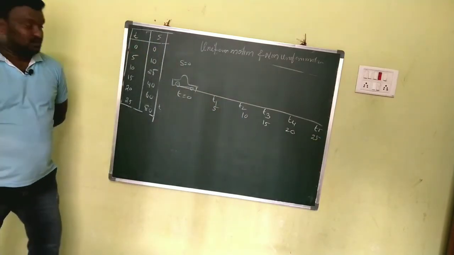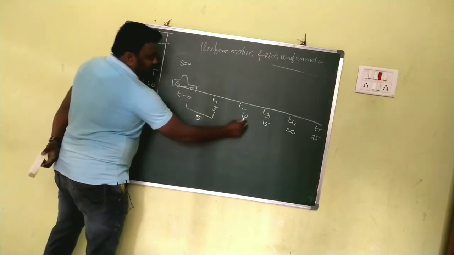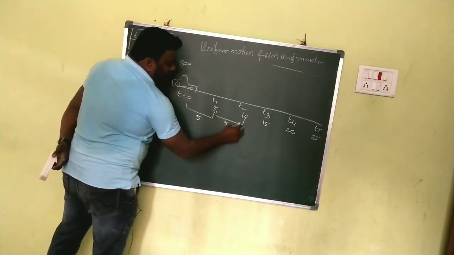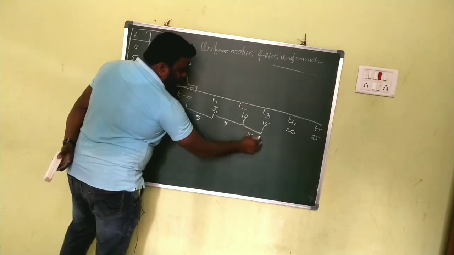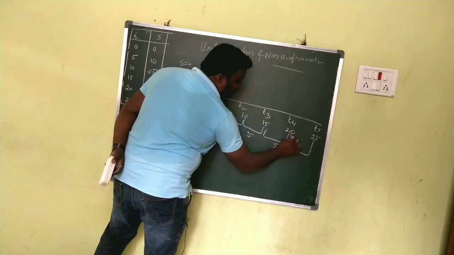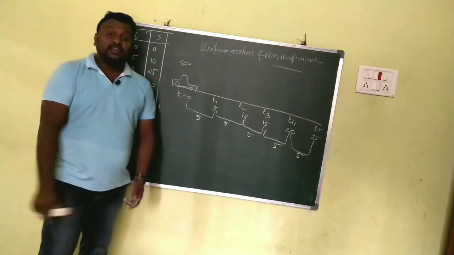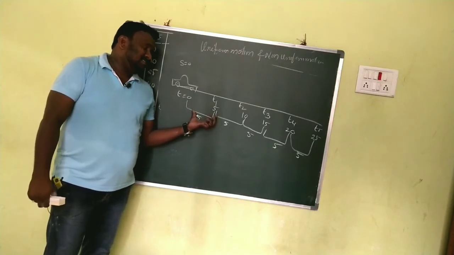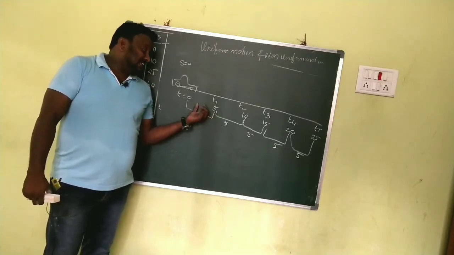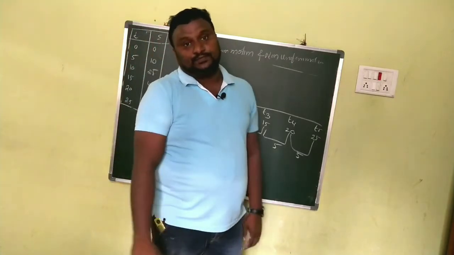Clear, children? How much difference is there for every interval? 5 seconds. Here 10 minus 5, 5. Then 5. 20 minus 15, 5. 25 minus 20, 5. That means we are taking equal intervals of time.